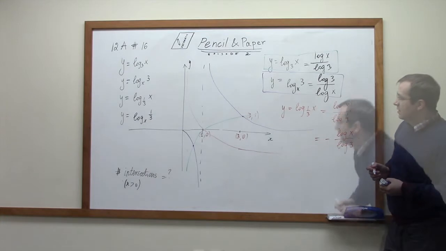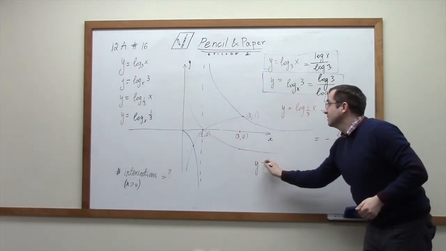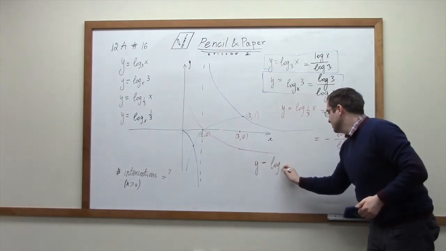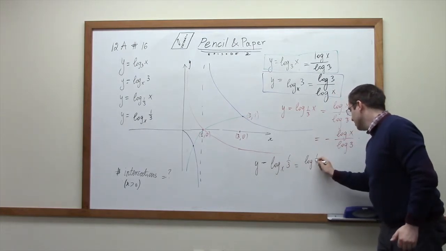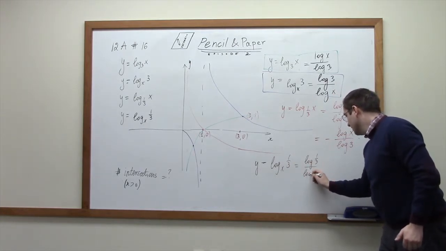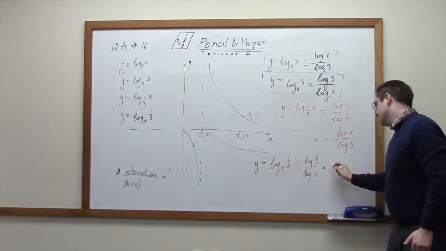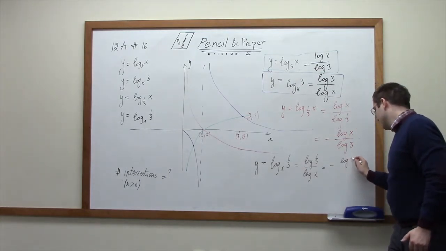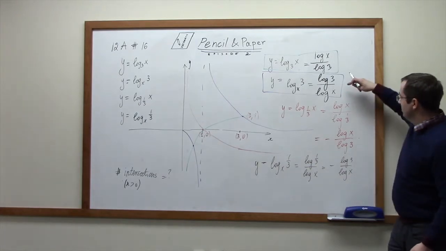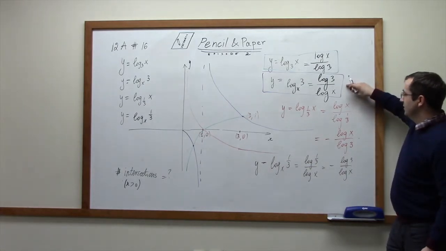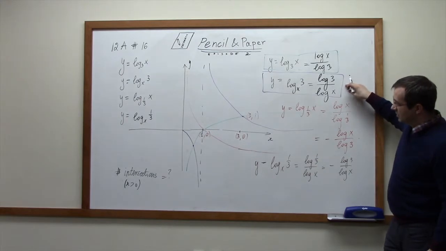The last function is y is equal to log base x of 1/3, which is log 1/3 over log x, which is negative log 3 over log x, and it's going to be the negative of my second purple one.